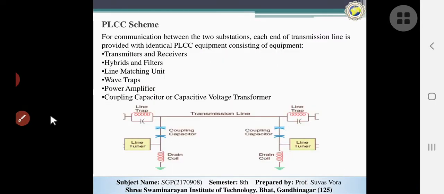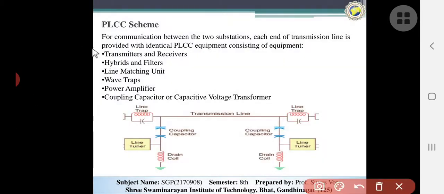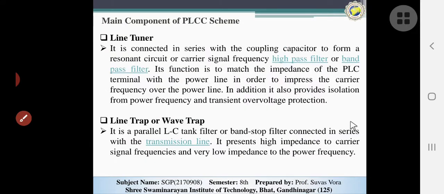In the scheme, the main equipment is the transmitter and receiver, then the filters, then the line matching unit LMU, then the wave trap, power amplifier and coupling capacitors. So here are the explanations for the different parts.